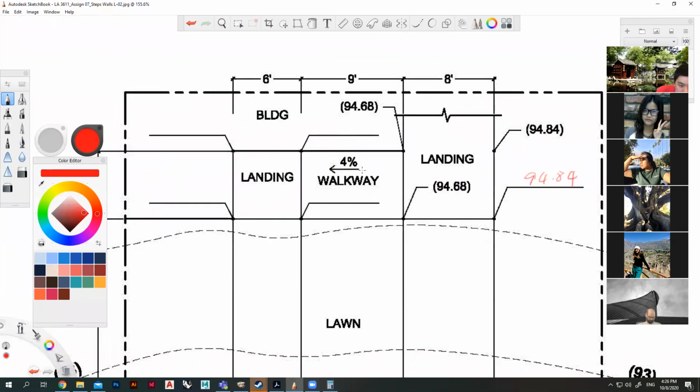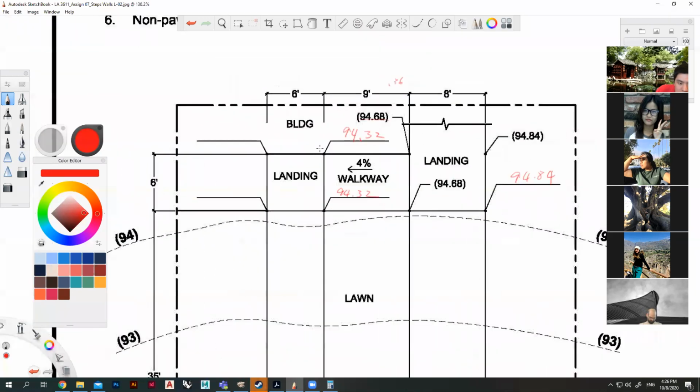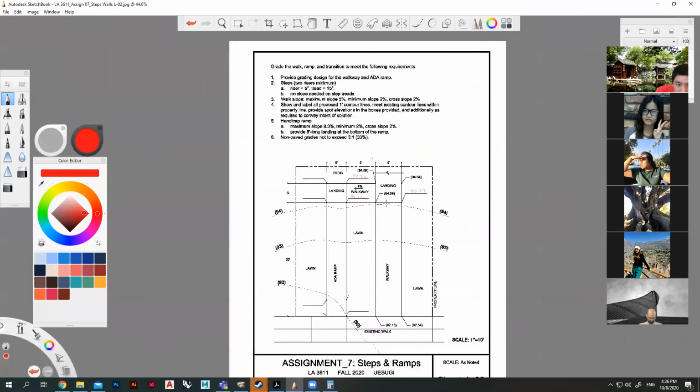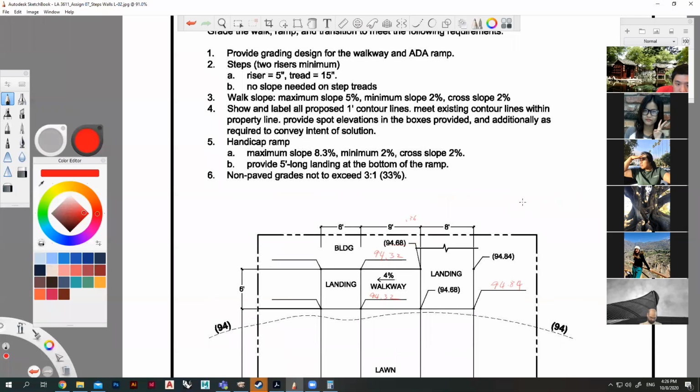And then here we have a 4% slope going that way. So we take that 4% and multiply by 9 feet, and that gives us 0.36 as DE. We subtract that from this number, so it gives us 94.32. From there we have a landing, which, if you look at the requirement, needs a minimum 2% cross slope.